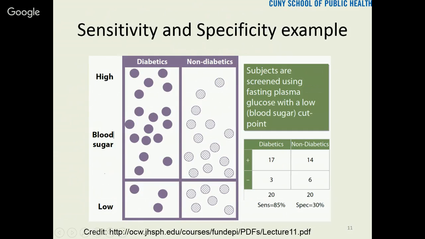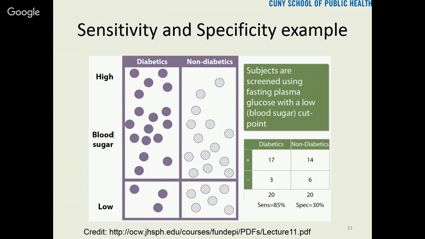So if you have almost any blood glucose at all, and you're above that threshold, you get called diabetic. Okay, so you're going to call a lot of people diabetics, but you're also going to call a lot of non-diabetics diabetics. So what would you say about this test in terms of sensitivity and specificity?